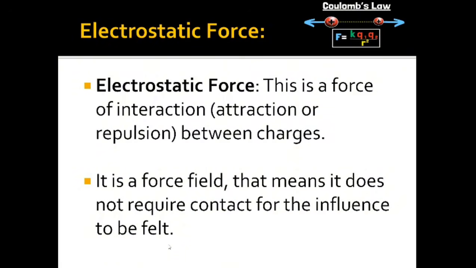Now, electrostatic force is a force field. What do we mean by that? There are forces that require contact before you can feel the influence. Example, if I say I'm sliding, that means I'm sliding over something and there is a contact.